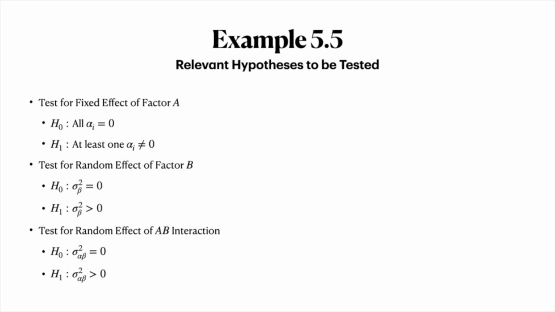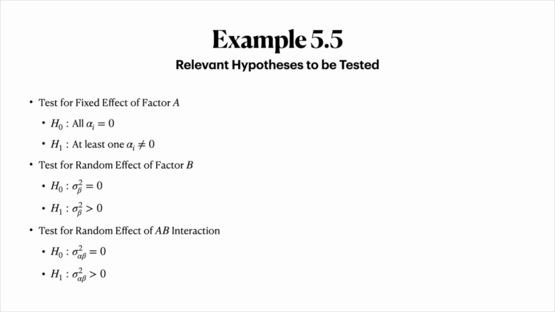In the second test, the test for the random effect of factor B, the null hypothesis is that the variance of factor B is zero against the alternative hypothesis that the variance of factor B is greater than zero. Since tree variety is a random effect, we need to express the hypotheses in terms of the variance of that factor.